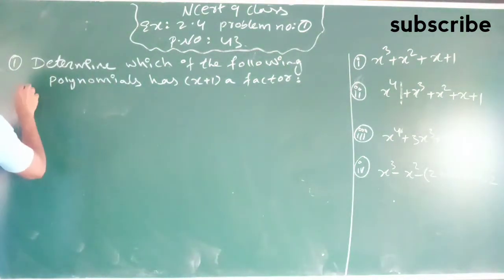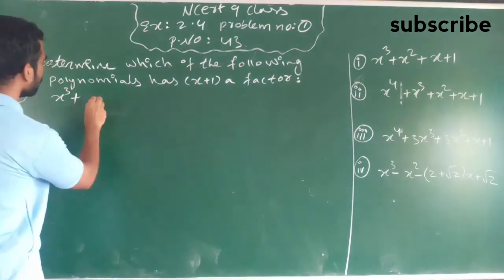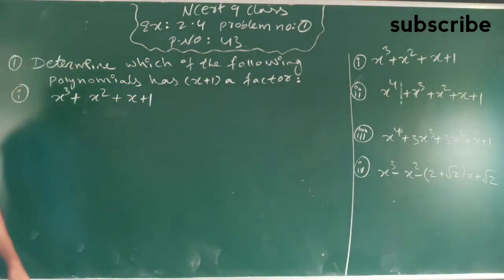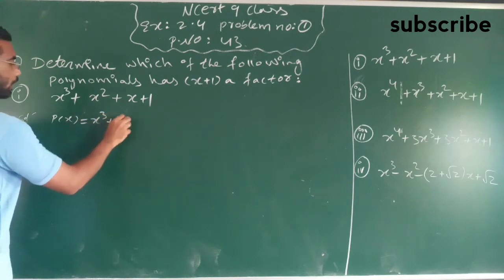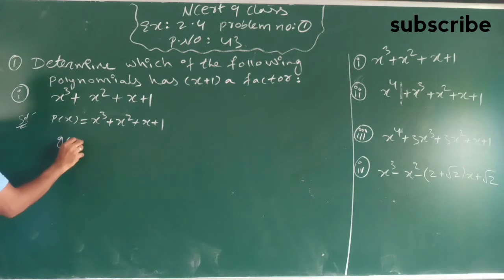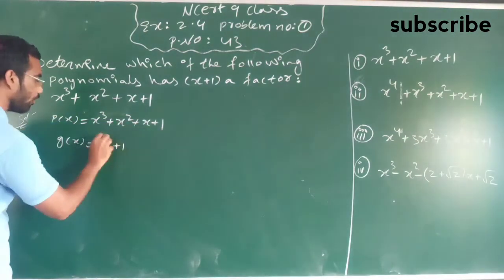The first problem is x cube plus x square plus x plus 1. In the solution, we take p of x equal to x cube plus x square plus x plus 1, and g of x equal to x plus 1.